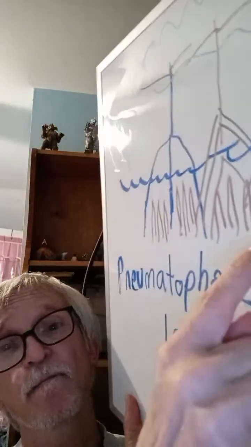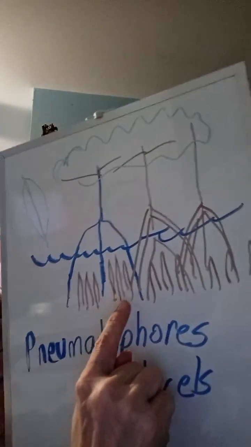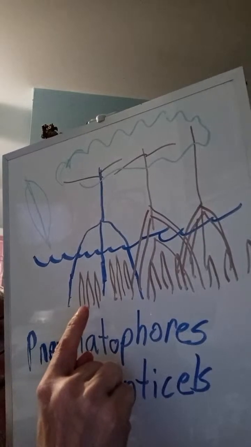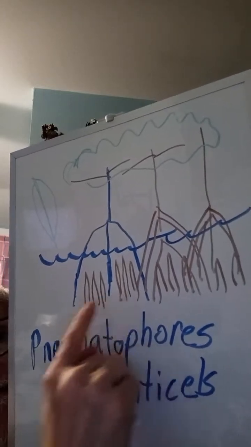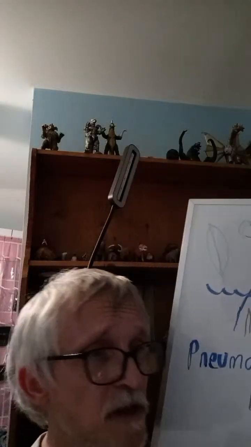And that's basically what the little weird things are. And then on them, there are these lenticels.